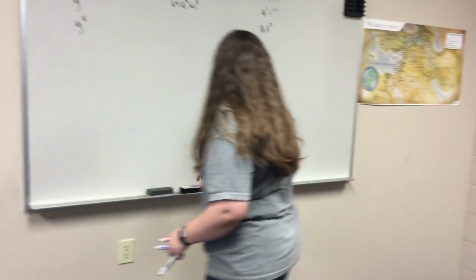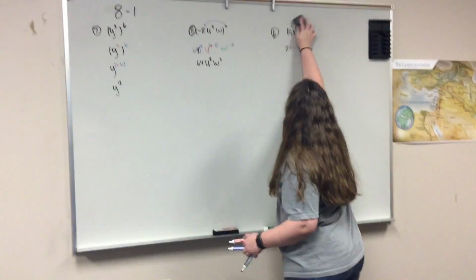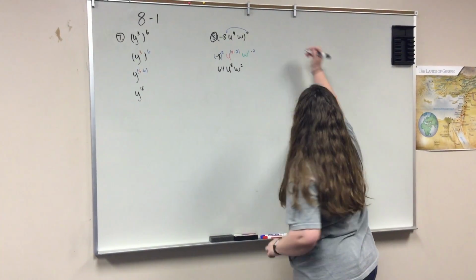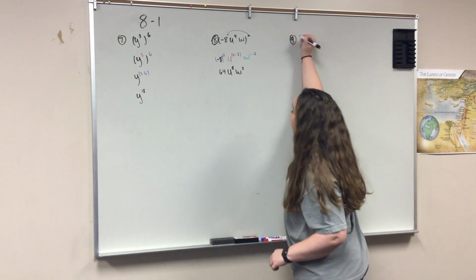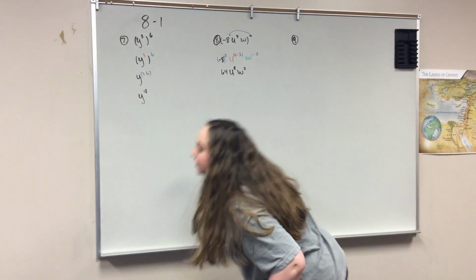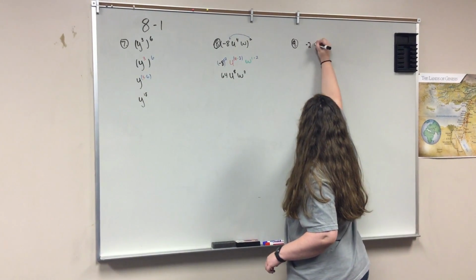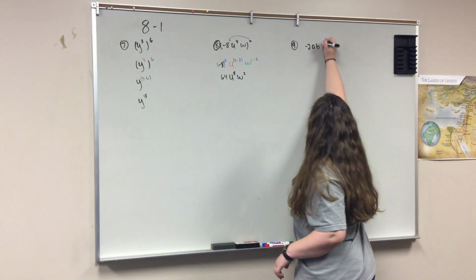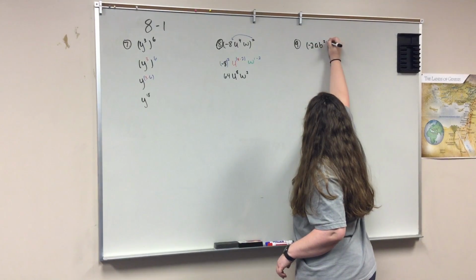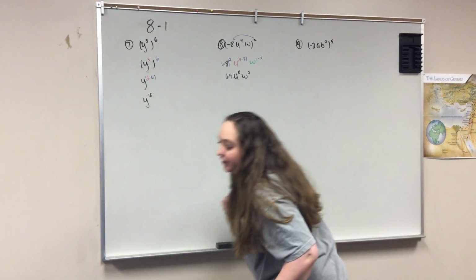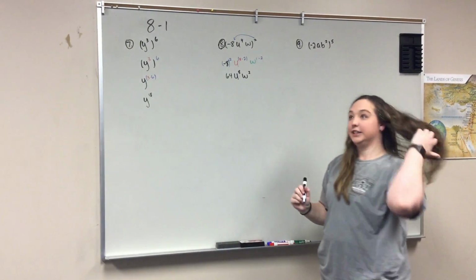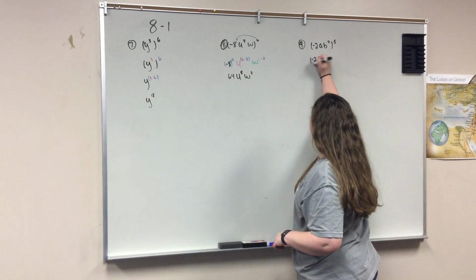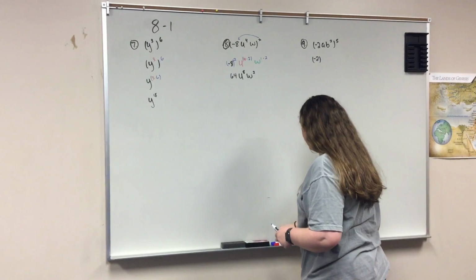So we have another one that looks very similar to number 8. We have -2A times B squared. And this whole thing is going to be raised to the 5th power. Okay, so same thing as over here. We want that -2, but we want it in parentheses.